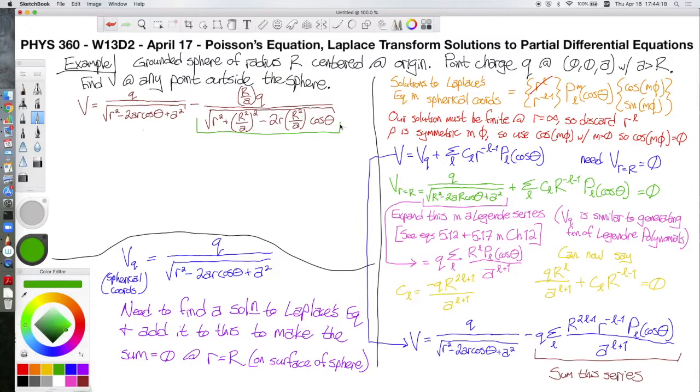This term, the one I've underlined in green, is the same as the potential for a specific point charge at a specific location. So if instead of everything else we did, we just took a single point charge with a charge of negative RQ over A, and we placed it at the location 0, 0, R squared over A, we would get the exact same potential at all points outside of the sphere.